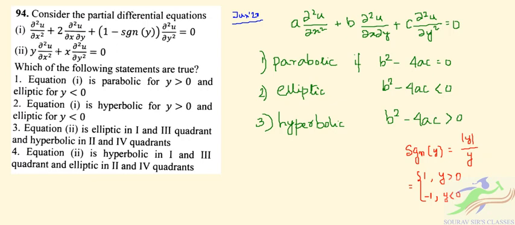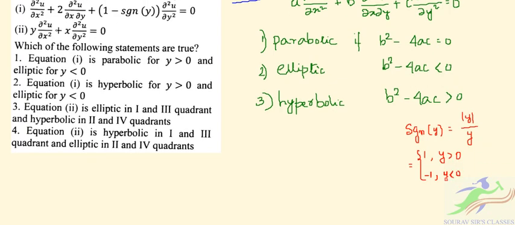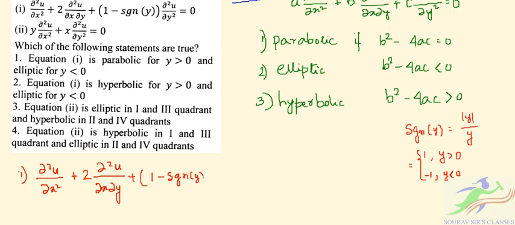Now check with our differential equation. We have del 2u del x2 plus 2 del 2u del x del y plus 1 minus the sine y function, del 2u del y2 equal to 0.